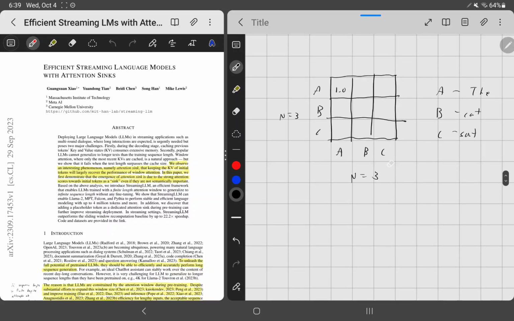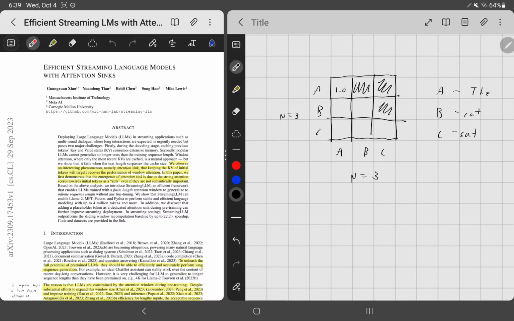However, tokens in the future can receive information from tokens in the past, but tokens from the past cannot send information to tokens in the future. So we mask off these parts here. That's just how you train it, so you can effectively parallelize your training.